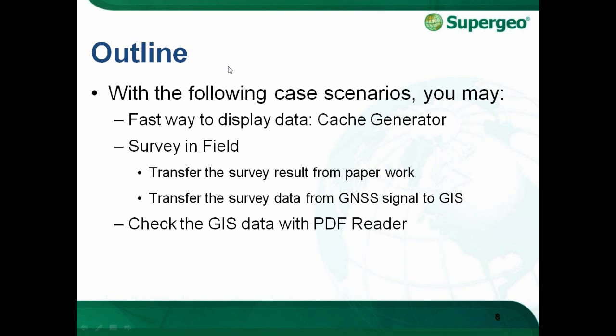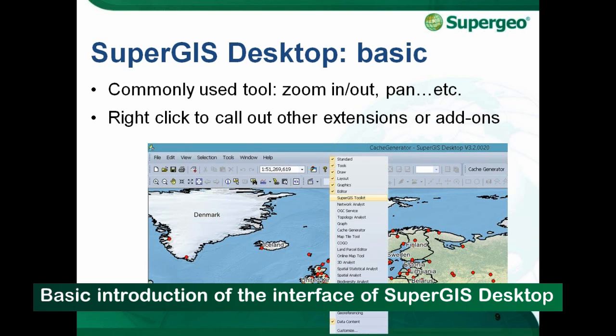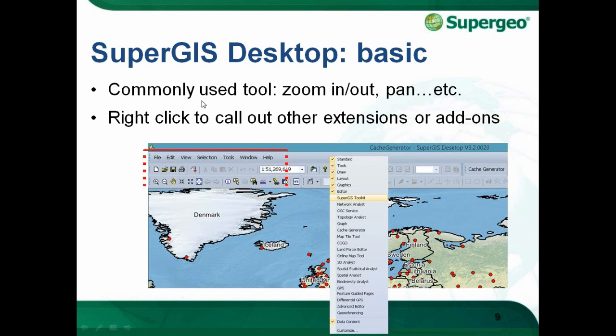Allow me to spend a little time to give a basic introduction to our SuperGIS Desktop. The first one is the commonly used tool located in the upper left corner, in the rectangle part. With the file, you can open a project file or save a new file.